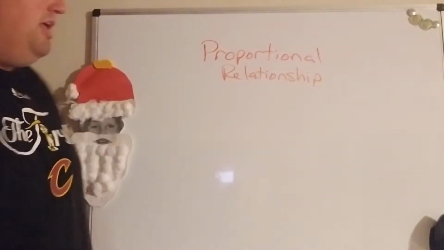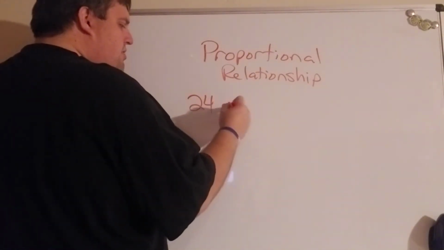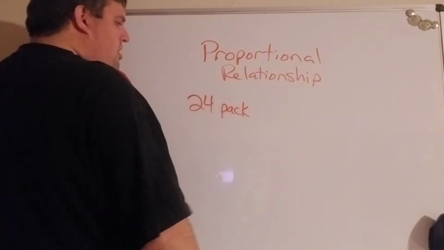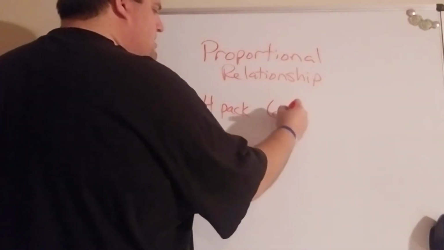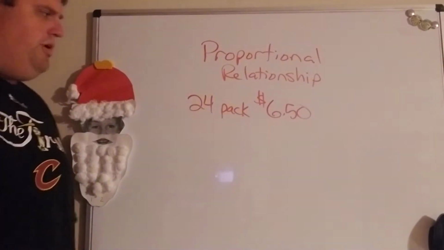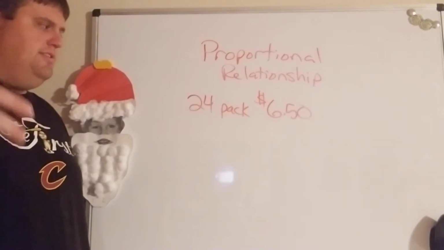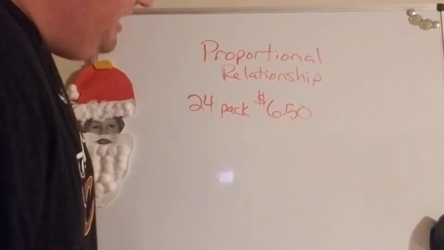So, for example, if I said that there was a 24 pack of soda and it cost $6.50, right? You can find the unit rate, how much each can costs, by just dividing these things.